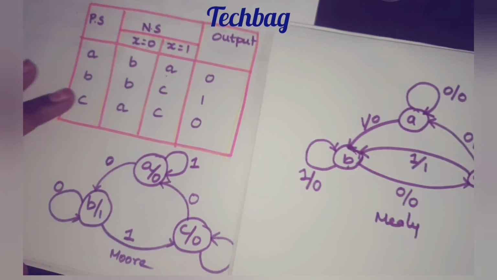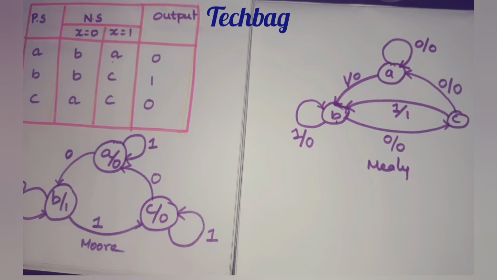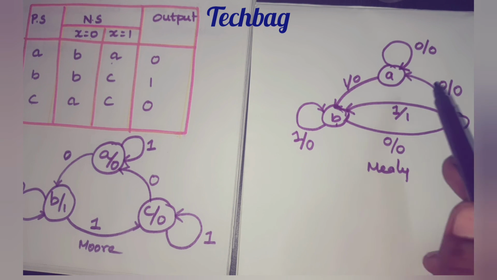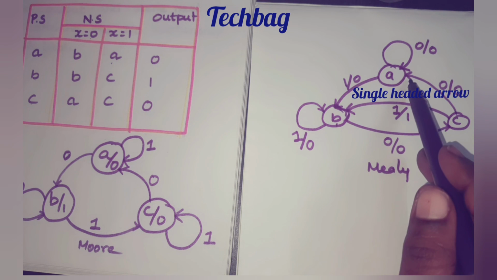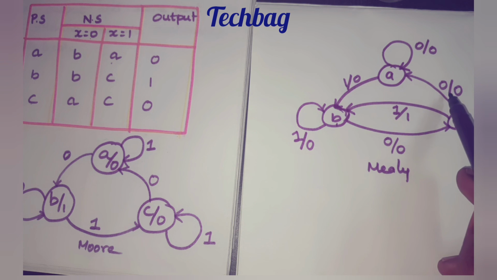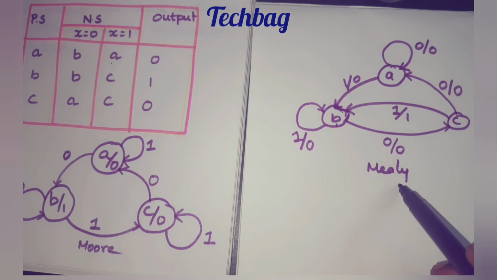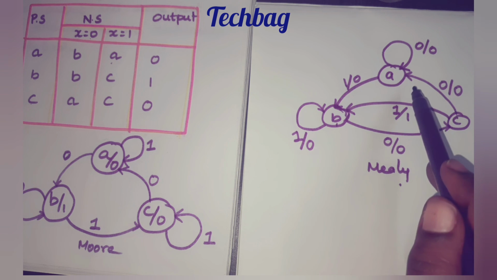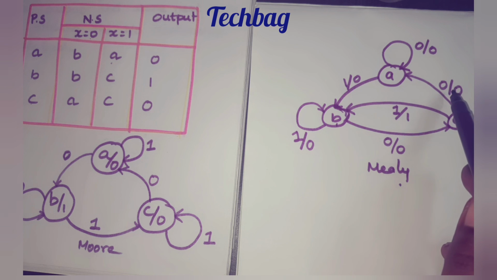So the difference between Moore and Mealy model is, in Mealy model, the state is represented within the circle and the transition line is represented by a headed arrow, and on that transition line we have two values which are separated by a slash. First value is input and second value is output. In Mealy model, your output depends upon the input and present state, so it is represented on the transition line.